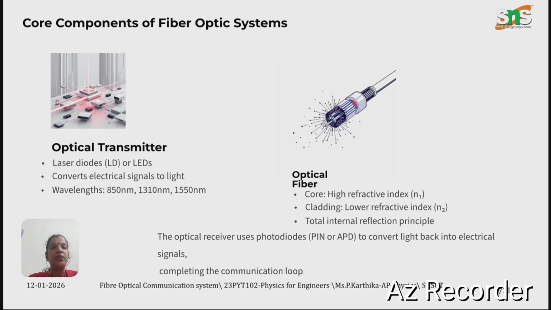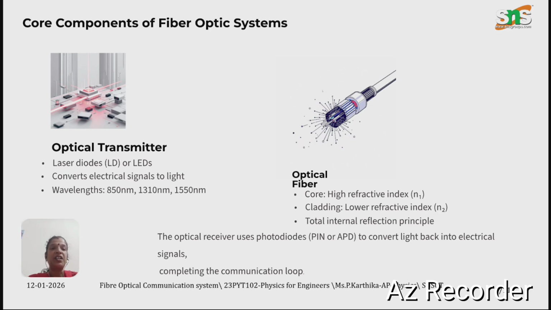In the optical fiber, the core has a high refractive index and the cladding has a lower refractive index, denoted by N2. The principle of optical fiber is total internal reflection; the optical fiber works only on this principle.